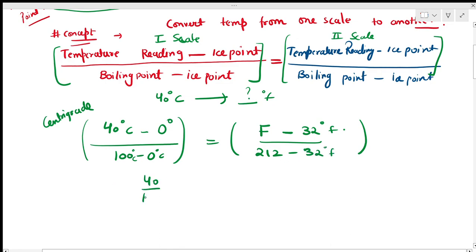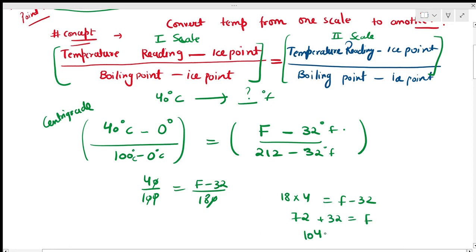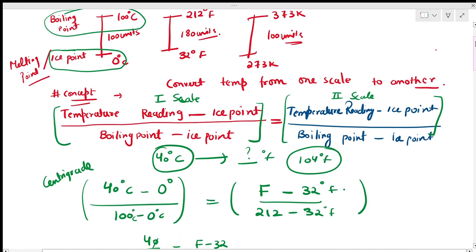So 40 by 100 equals F minus 32 by 180, correct? So it comes out to be 18 into 4, cross multiply, F minus 32 is 72, plus 32 will give you the F value. It is 104. So 104 degrees Fahrenheit is the value of 40 degrees Celsius.